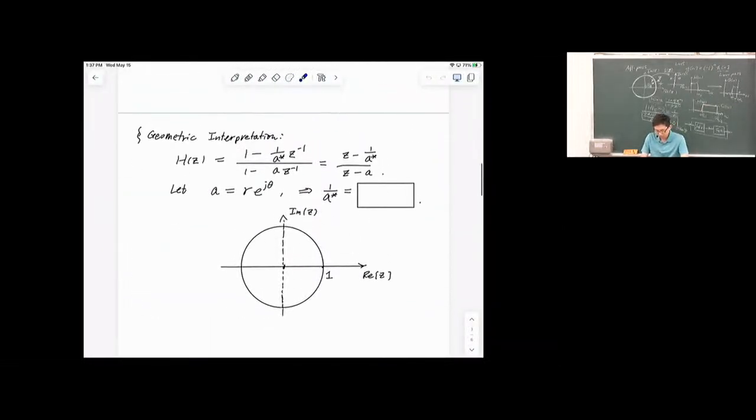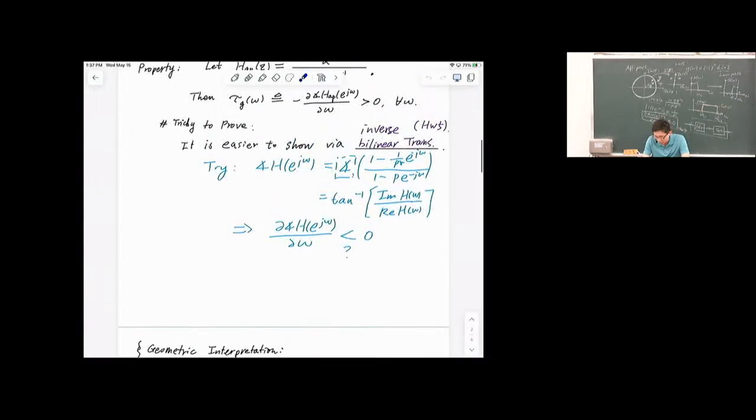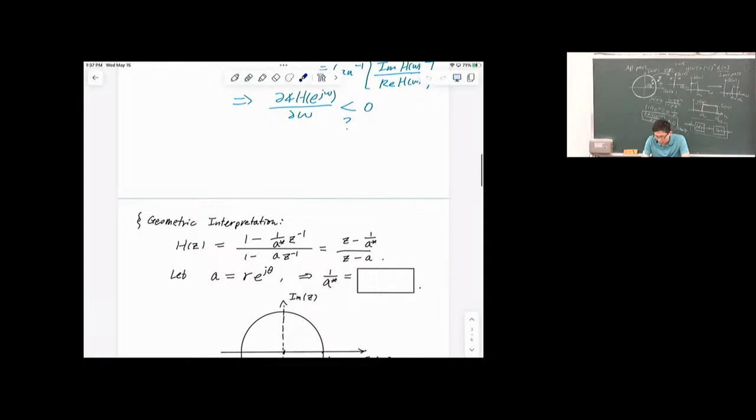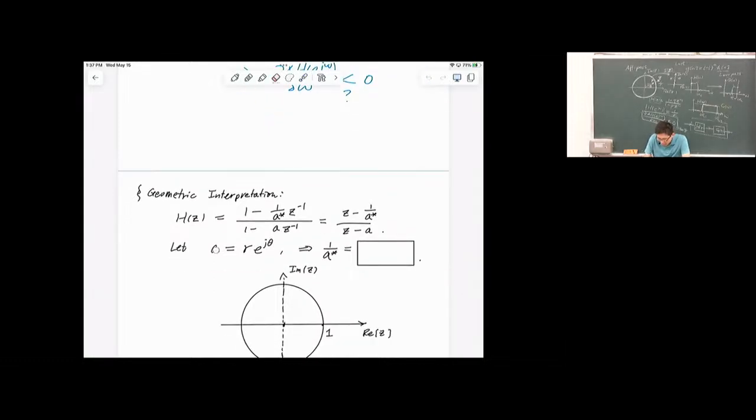So now, the geometric interpretation I was talking about. We have shown that, and I have changed my notation, now the pole is called P, and the zero is located at the reciprocal location.